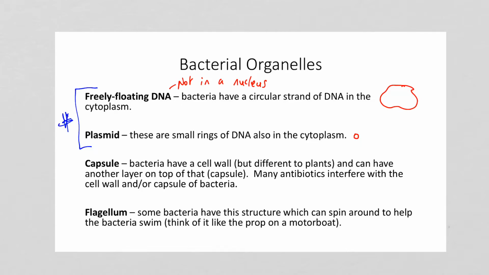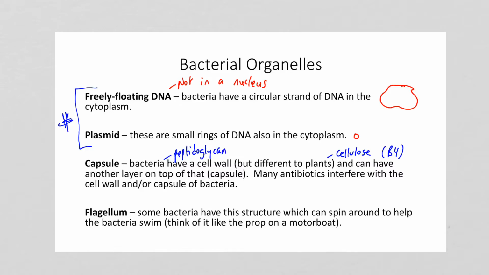Bacteria have a cell wall, just like plants do. Now, it's different in that, and again, this is beyond GCSE, plant cell walls are made of cellulose. You need to know that from Unit B4, Bioenergetics, when we talk about what plants use the glucose that they make through photosynthesis, whereas bacterial cell walls are made out of a compound called peptidoglycan.